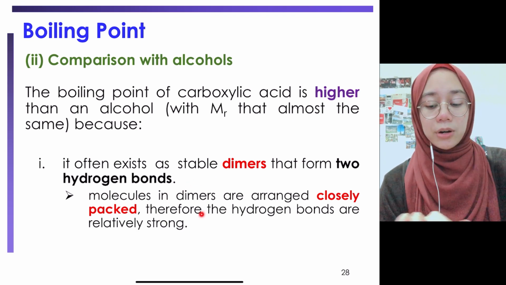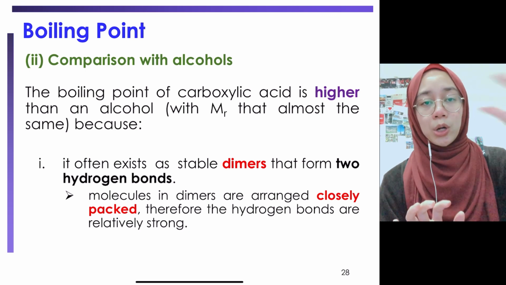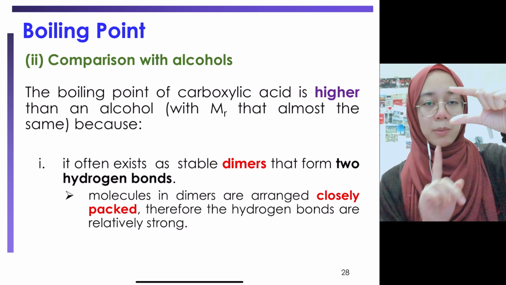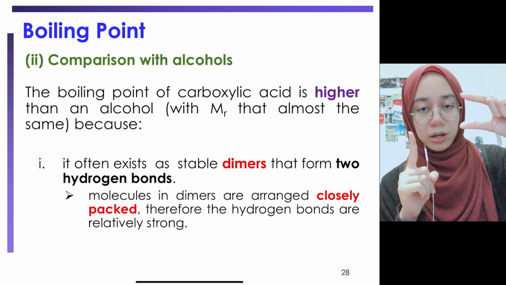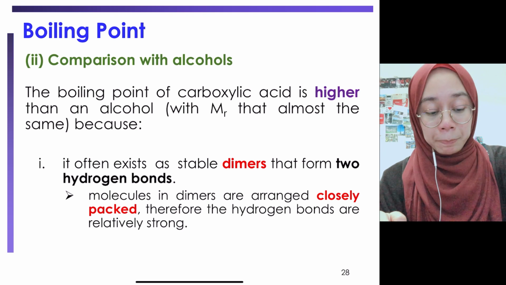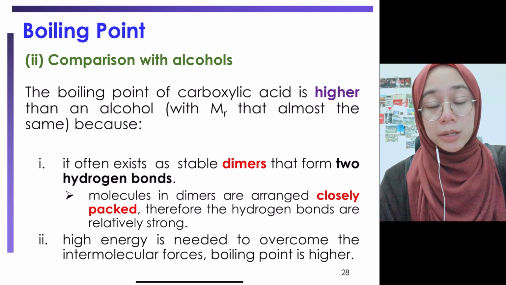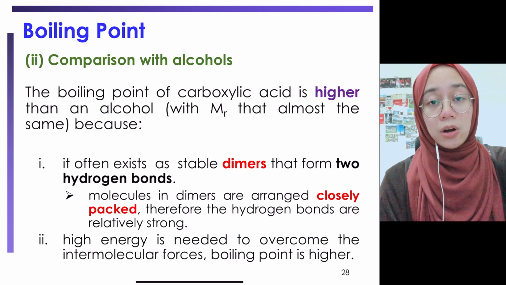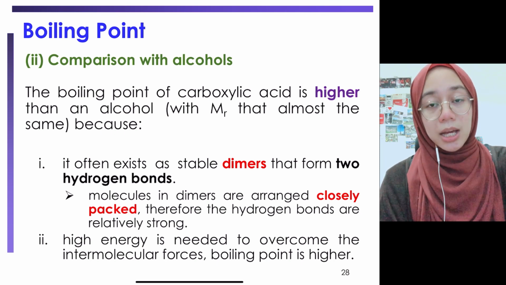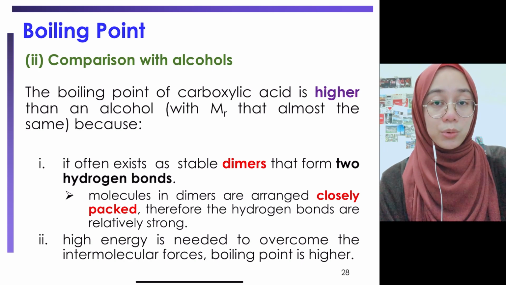Okay, so since the arrangement is closely packed between the two molecules, when they form dimers, therefore the hydrogen bonds are relatively strong compared to two molecules of alkohol tadi, tapi boleh form satu je hydrogen bond. Lepas ni Miss lukislah untuk compare dengan dimers tu. Okay, and then since the hydrogen bonds are relatively stronger in dimers, therefore more energy is needed to separate the molecules.